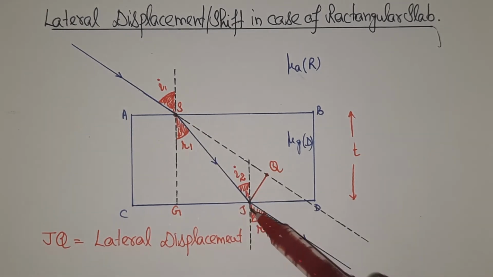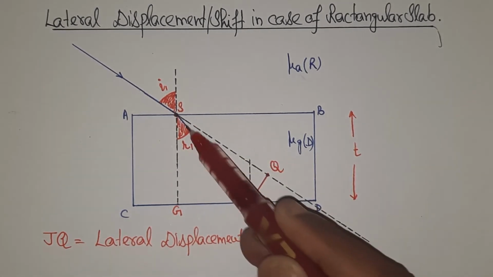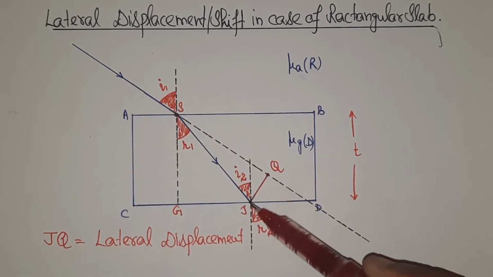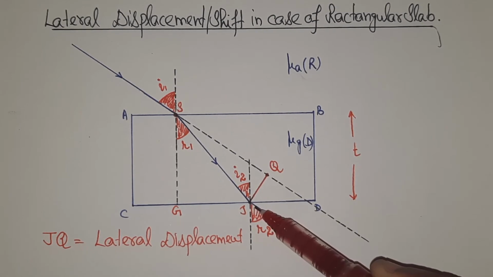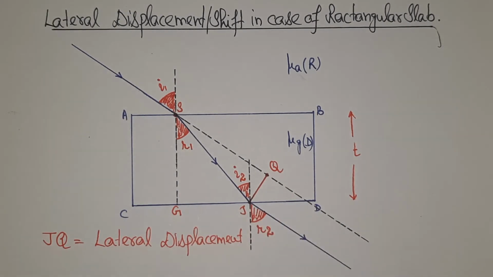Then we will concentrate on right angle triangle JQS, and using this triangle we will be able to calculate the lateral displacement JQ. So first taking triangle SGJ into account.